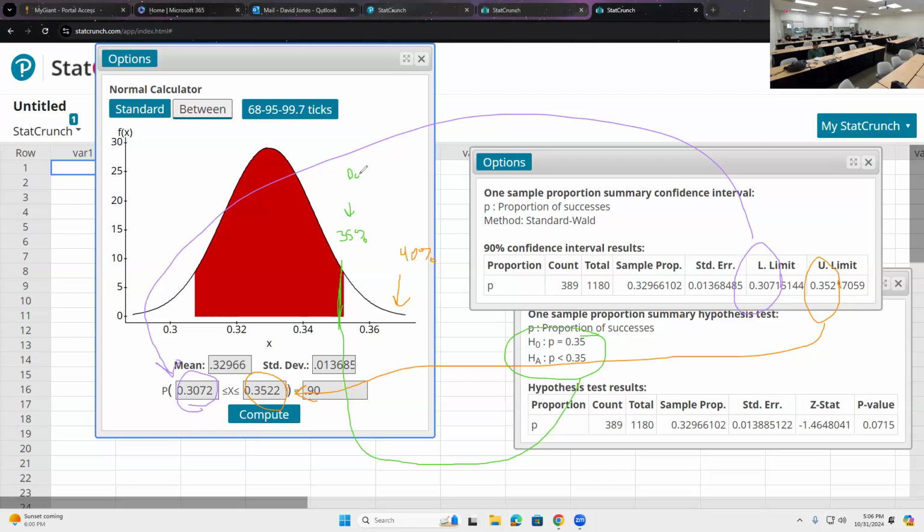Don't reject 35%. And going by the p-value reasoning, the p-value is greater than 0.05, which was alpha. So this was also do not reject. That makes sense?